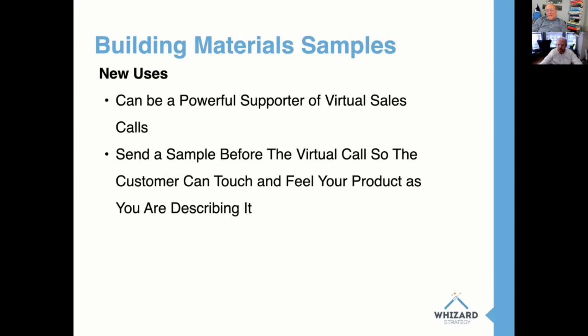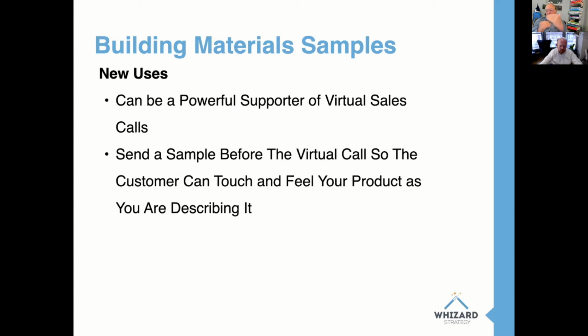Another thing I have found since March, since we've been locked down, is that with a number of my clients I've been saying, let's change the order of a sales presentation, particularly because it has to be virtual. If I am making a virtual sales call on a customer, talking on Zoom or whatever, and I'm talking about my beautiful product, maybe showing PowerPoint slides, the customer can't touch and feel it.